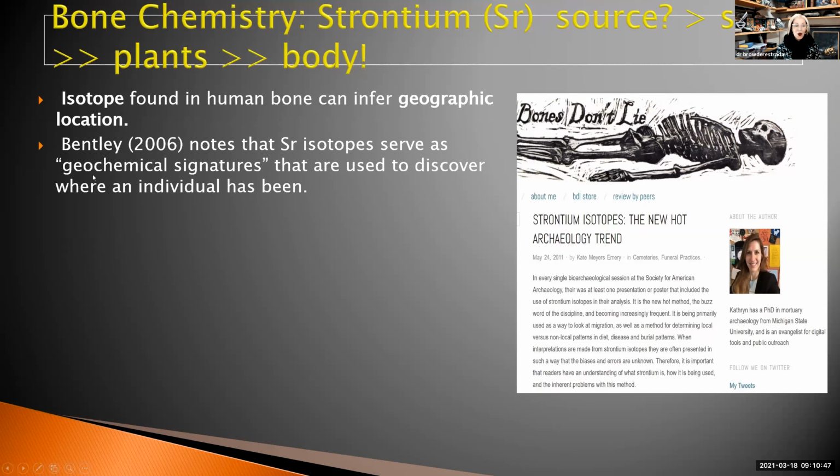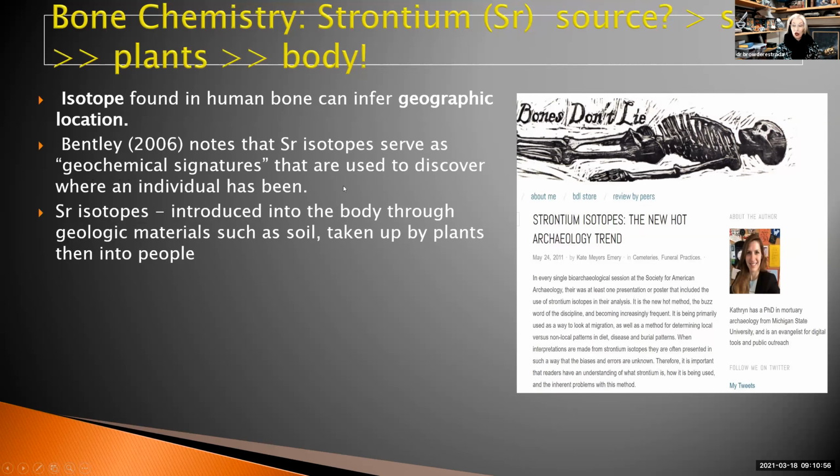So what is it? It's a geological chemical signature that we use in order to discover where people were at certain times during their lives. So strontium is going to get into the soil. Then when plants are taking those things out of the soil, that's why we need plants in our diet, to get minerals in our soil or into our bodies, because we don't eat as many plants as we probably should.